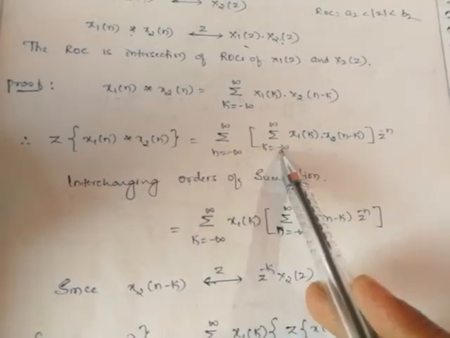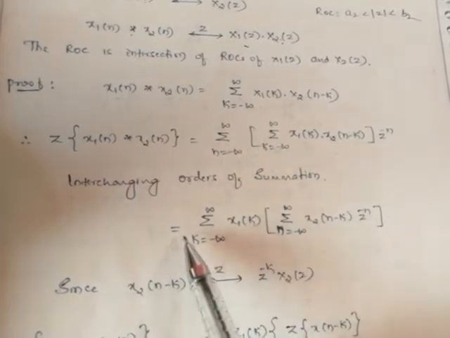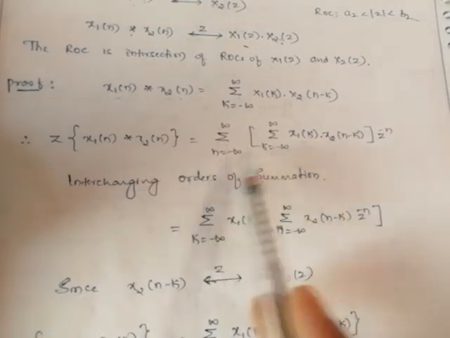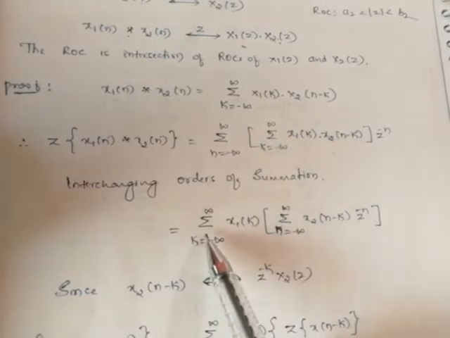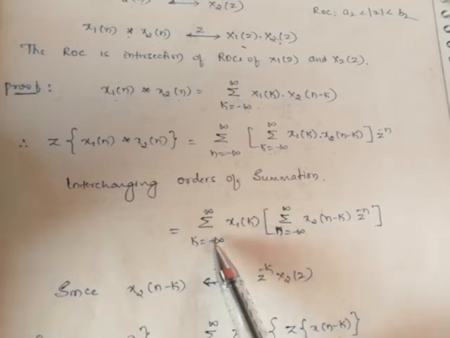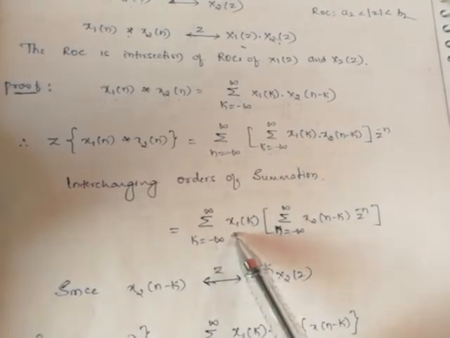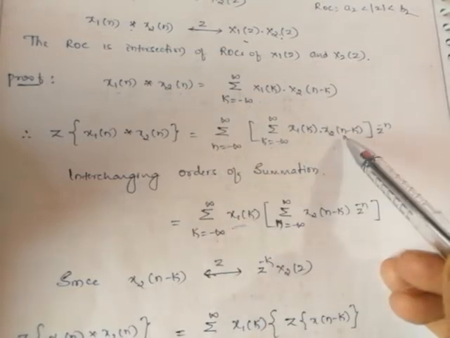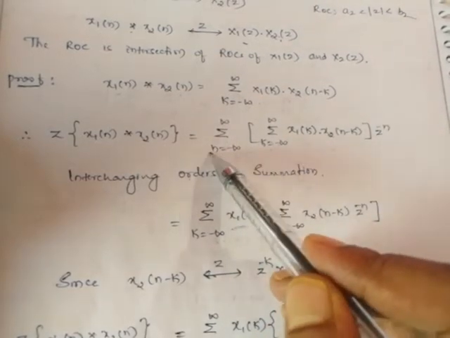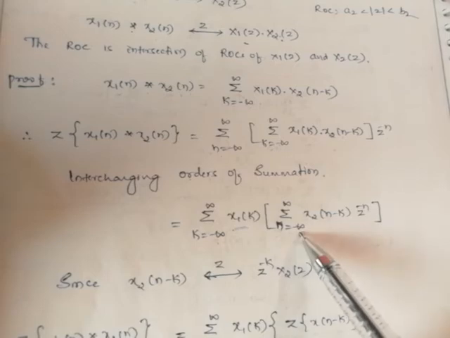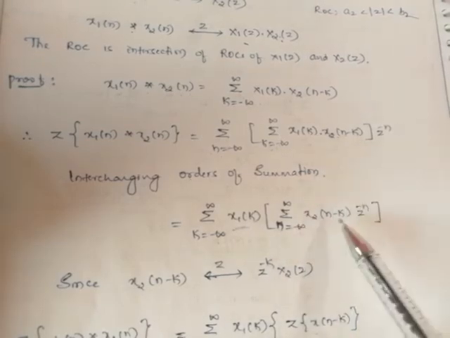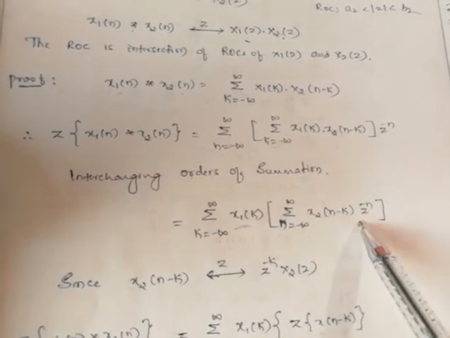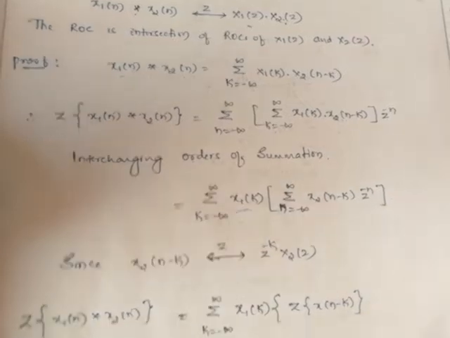Interchanging the order of summation, summation k from minus infinity to plus infinity x1 of k goes outside. Next, since the index n matches, summation n equal to minus infinity to plus infinity x2 of n minus k multiplied by z to the power minus n.